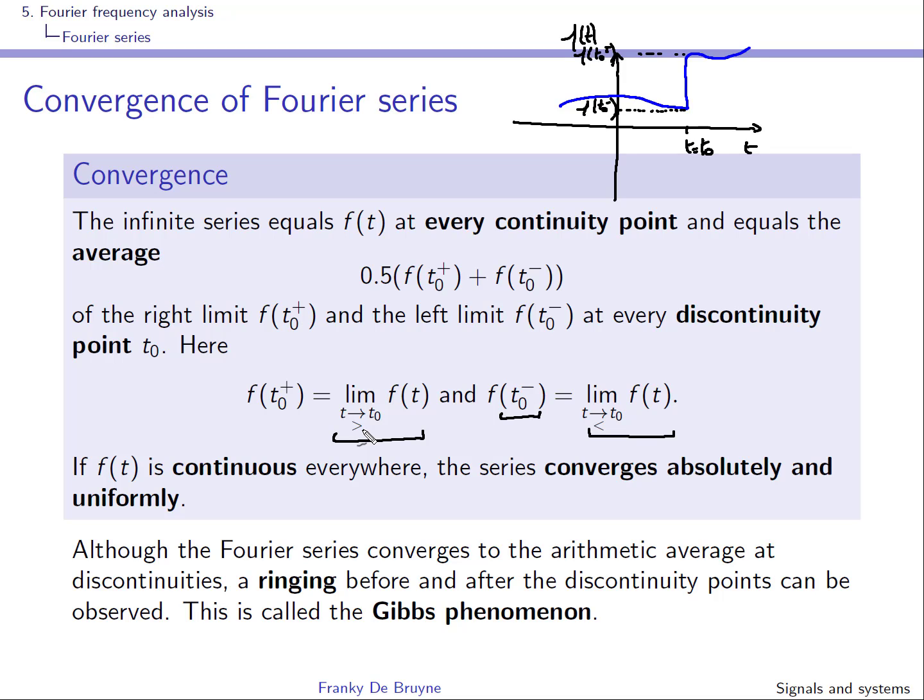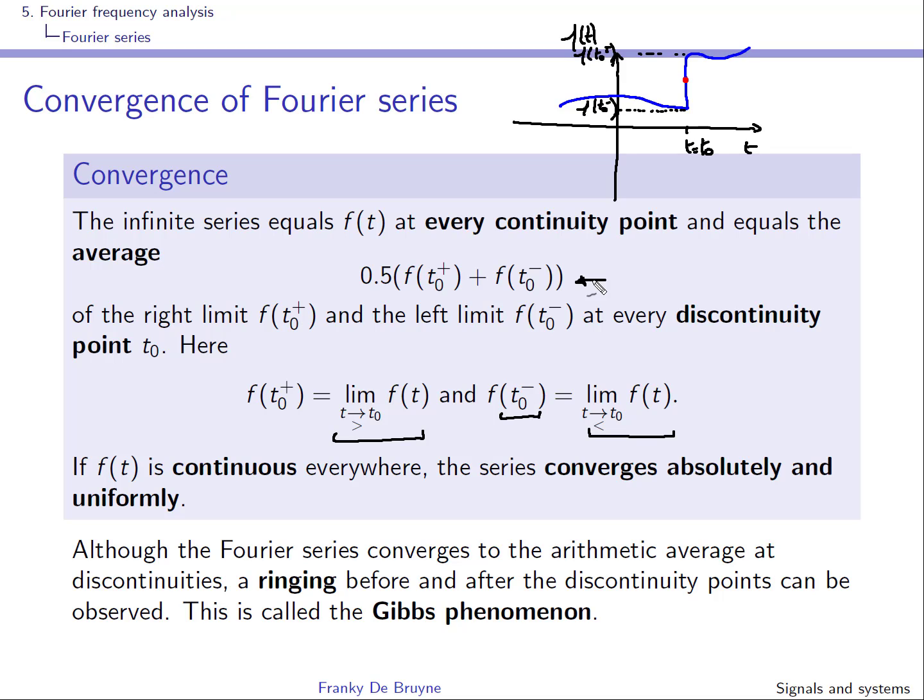If you take the Fourier series representation, it will converge to the average value of these two quantities, so it will converge to this value over here. If f of t is continuous elsewhere, of course the series converges absolutely and uniformly at all times t where the function is continuous.